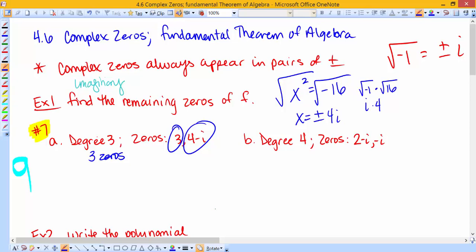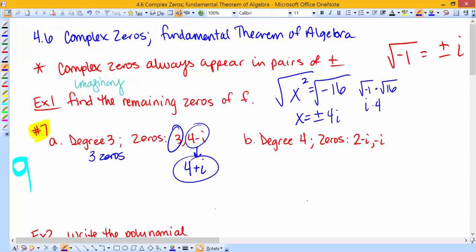And I see that I have an i, which means I will have a conjugate pair. Since I'm given the 4 minus i, the conjugate is 4 plus i. So there's 1, 2, 3. My remaining zero was 4 plus i.